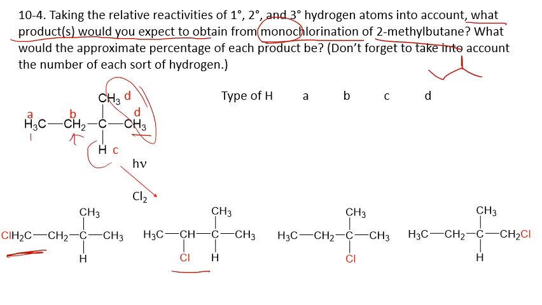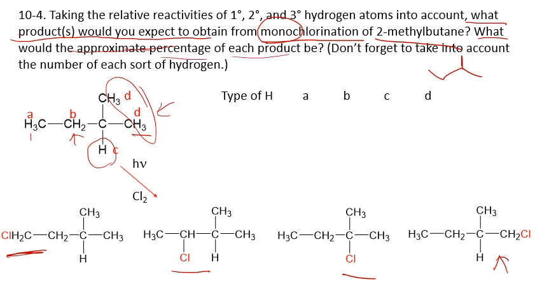If you replace type C hydrogen, you get this tertiary chloride. And if you replace one of the 6 D hydrogens, this is the product. So we predict 4 different products. Next question is, what would be the approximate percentage of each product?